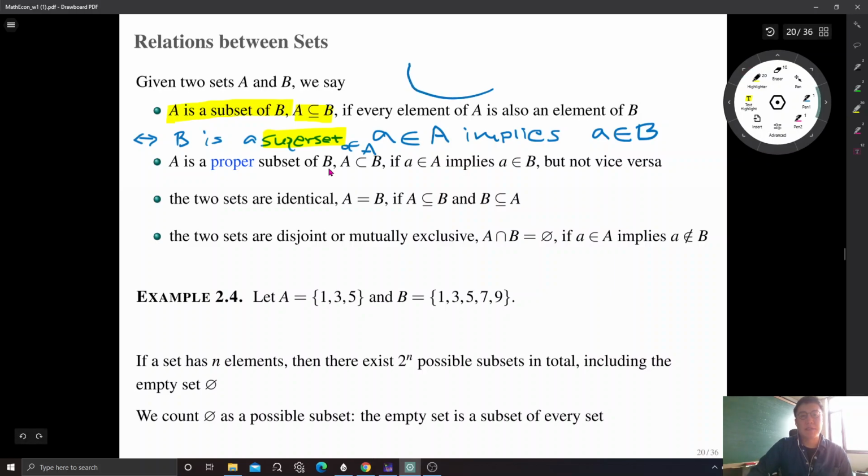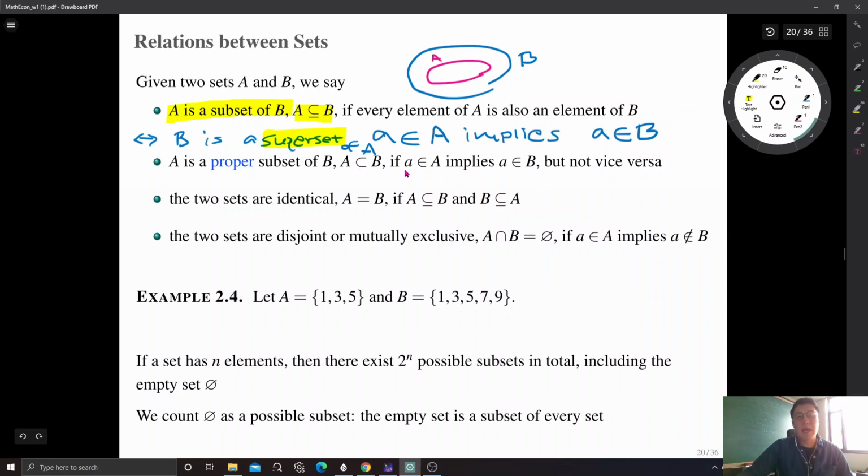If this is set B, and set A is totally included in set B this way, then A is a strict subset or proper subset of set B. Then we remove the bar from the symbol.